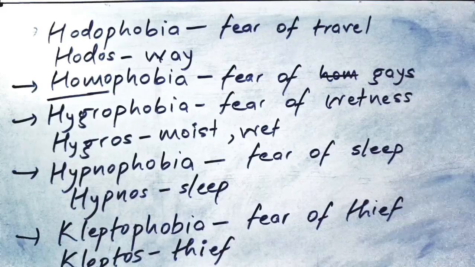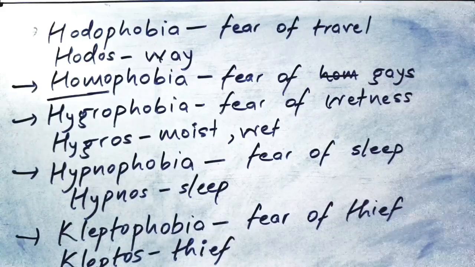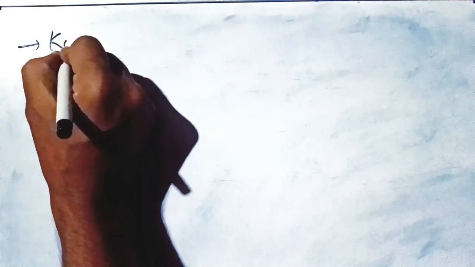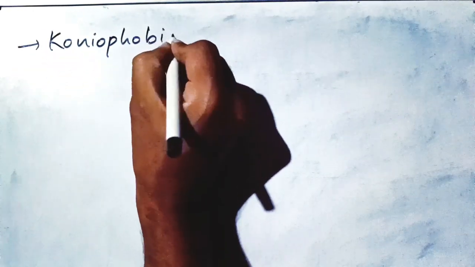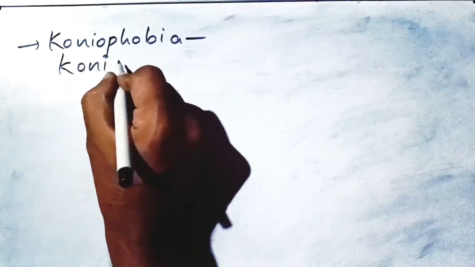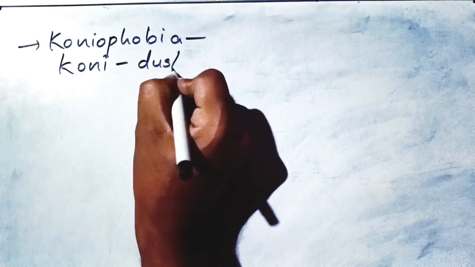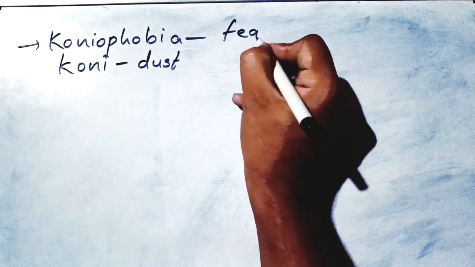Manoj Bajpayee had a similar problem in a show, Rai, that was called kleptomania. Next, corneophobia. Corneo roots to corny, meaning dust. Thus, corneophobia means fear of dust.